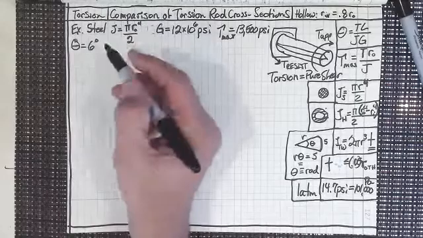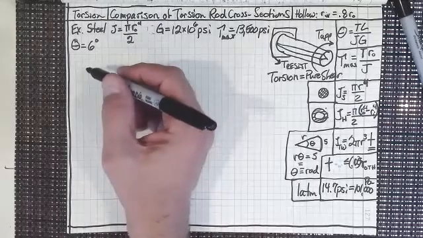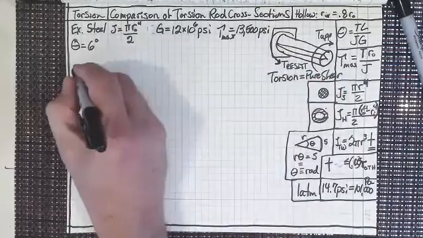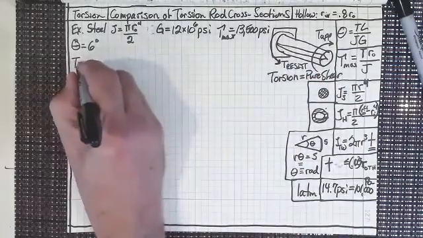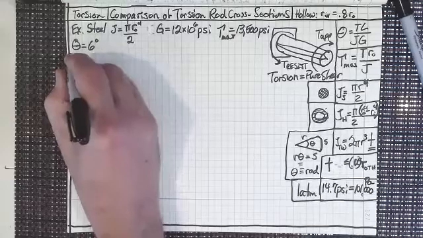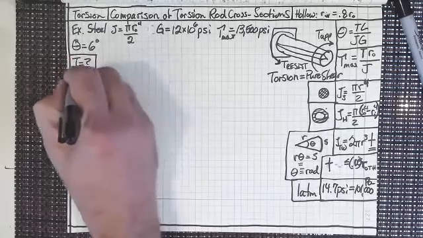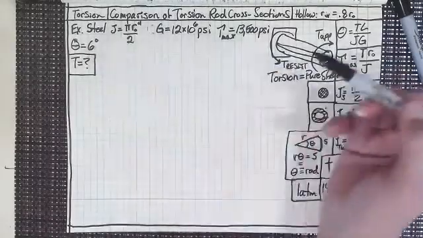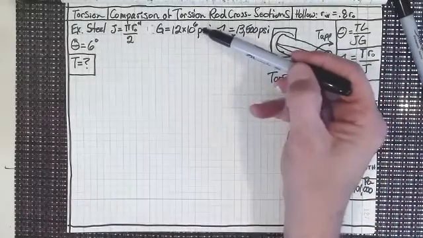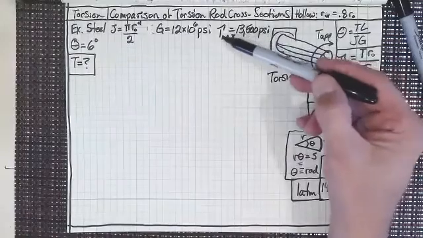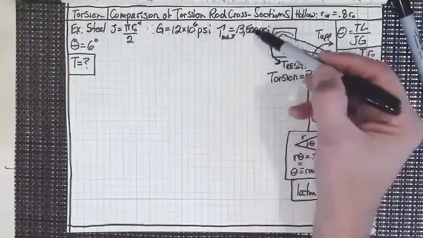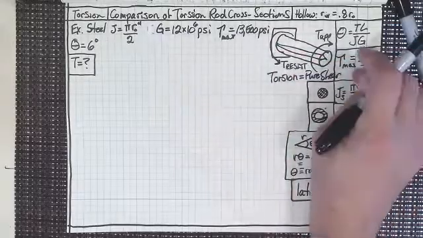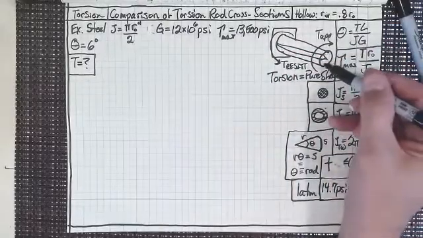What we want to know is, what is the torque? A couple things we want to know. What is the torque that's being applied to that if I've twisted this 6 degrees, and I know that G is 12 million PSI, and that maximum is 13.5 thousand PSI, the maximum shear stress this can take without breaking?